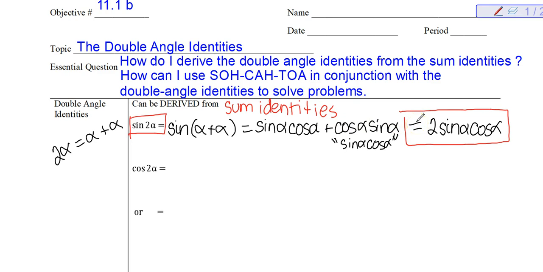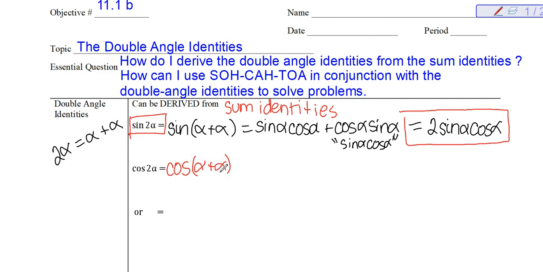Any problems with that? No? Okay, then let's move on to the cosine of double alpha, or 2 alpha. I can apply the same logic that I applied with the sine example that I just did. I could say that the cosine of 2 alpha is the same as the cosine of alpha plus alpha. True statement.